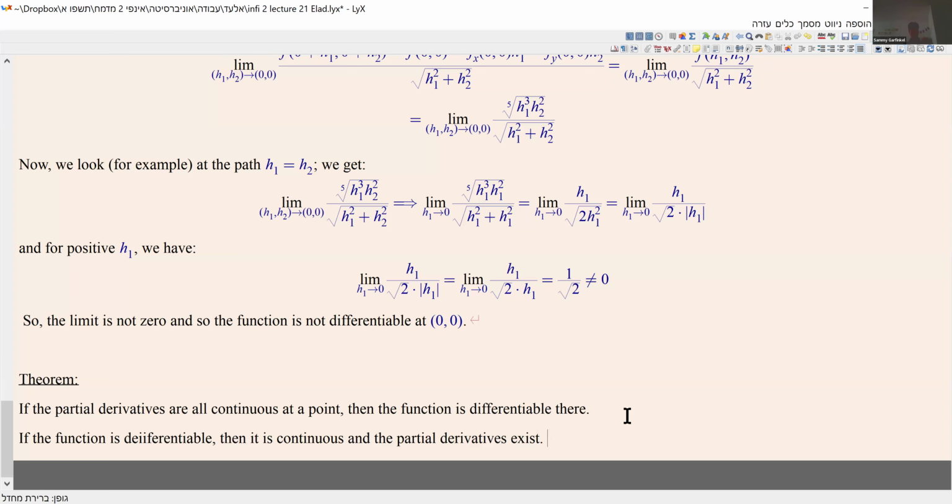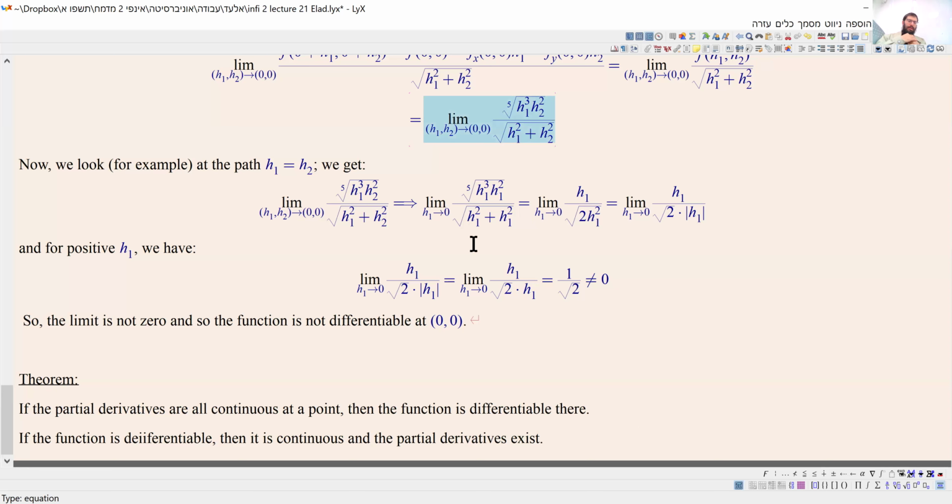So differentiability by this notion is what generalizes differentiability from functions of one variable. Any questions about the theorem? Yet again, not proving it nor explaining. We should know it.